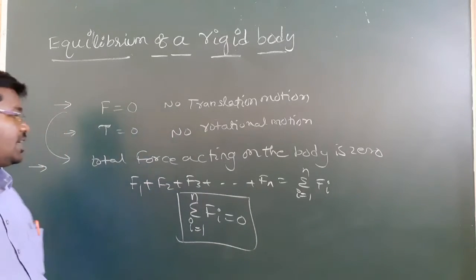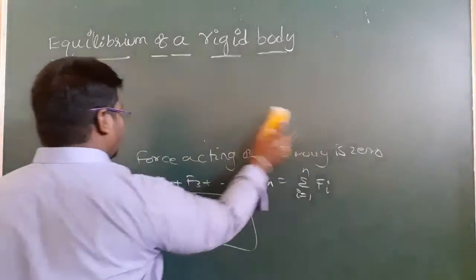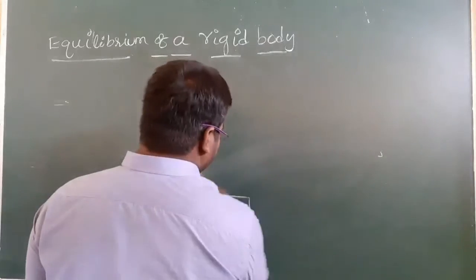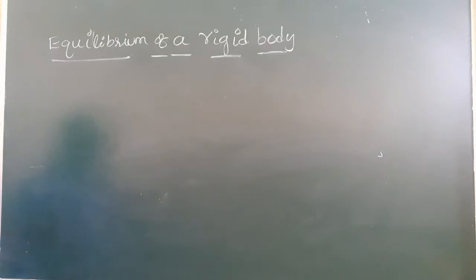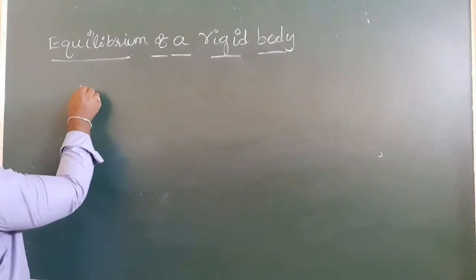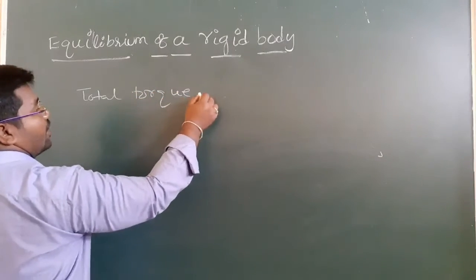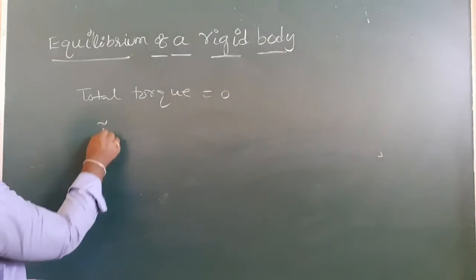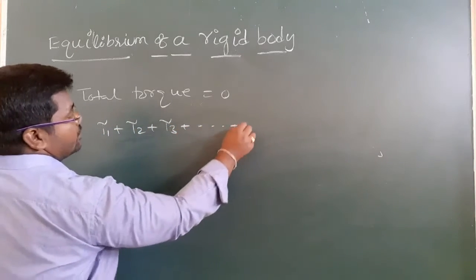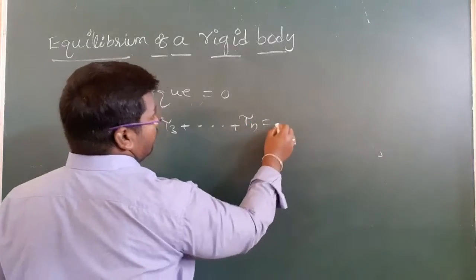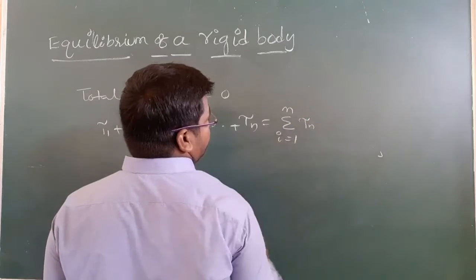So next one, what, my children? The total torque acting on the body is 0. What is the total torque? Total torque is equal to 0, which means tau 1 plus tau 2 plus tau 3 and so on plus tau n, which is equal to sigma i equals 1 to n of tau i.